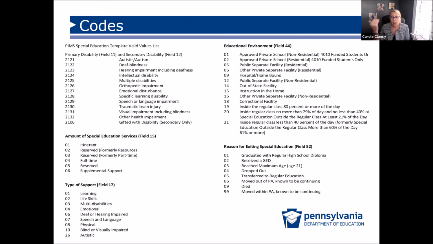And the reason I had it at my desk is, as I go through this process, you'll see how I use these code sheets. As a director, you work in words: the disability categories, the educational environment, the reasons for exiting. We work in words. But the data world works in numbers. And I could never remember what number code related to each particular word when I had to do corrections.